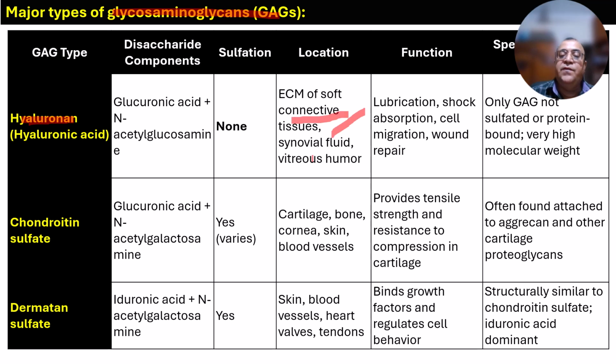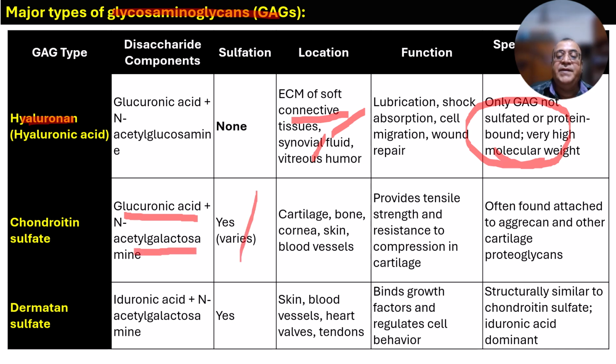synovial fluid, and vitreous humor, and it is the only glycosaminoglycan that is not sulfated. Chondroitin sulfate contains glucuronic acid and N-acetyl galactosamine.